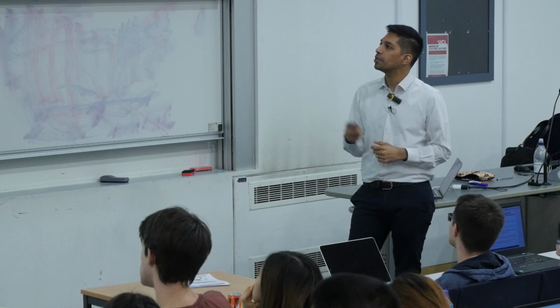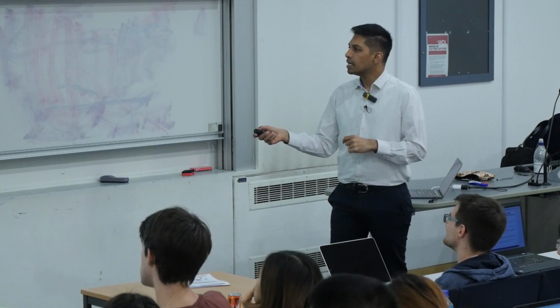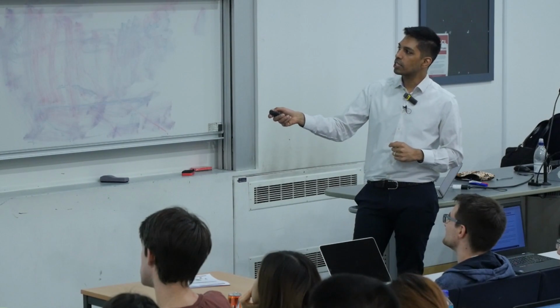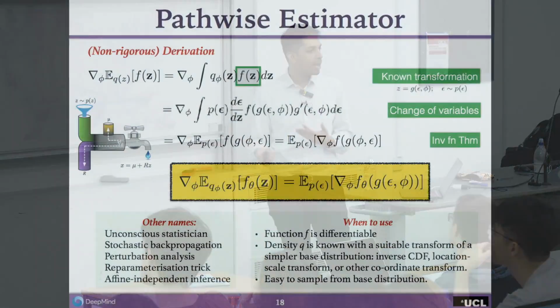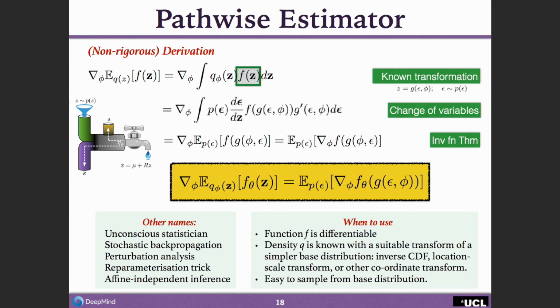So when should you use this kind of gradient estimator? Now you need to do it much more. You actually need to differentiate through f. So you need to know f, and f must be differentiable. Again, q is a distribution with a transform. You need to be able to rewrite q of z in terms of p epsilon and a deterministic function g. Those functions can be anything.